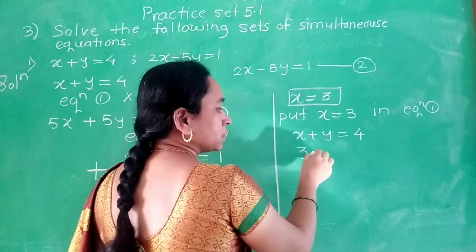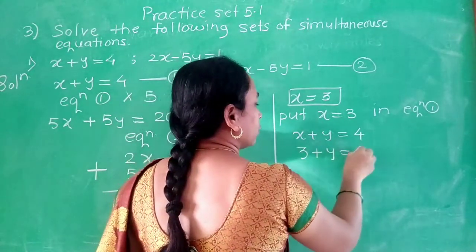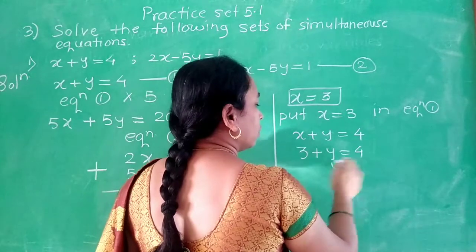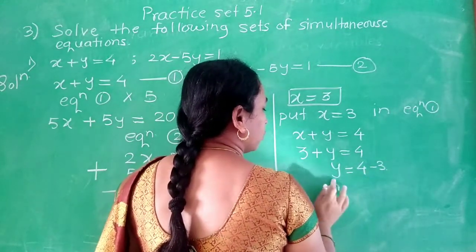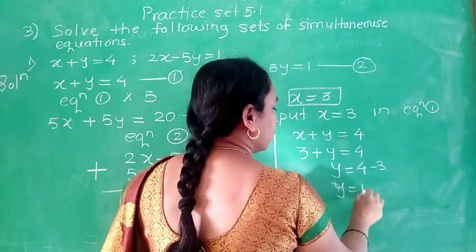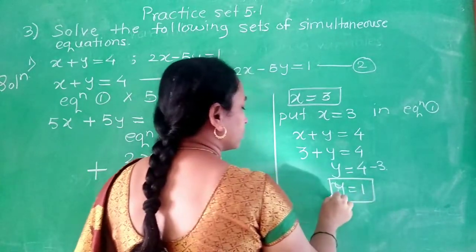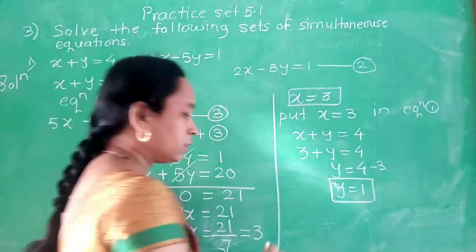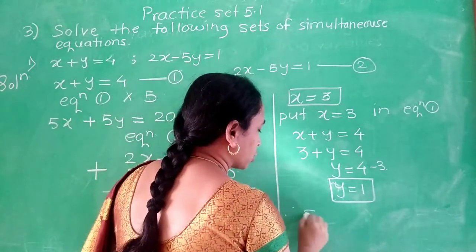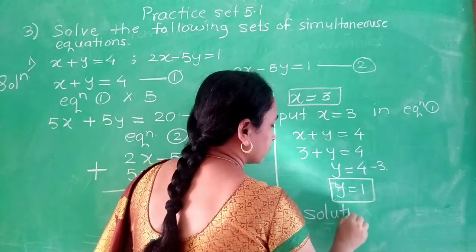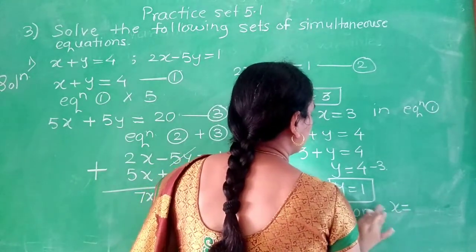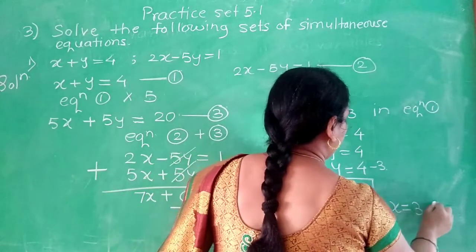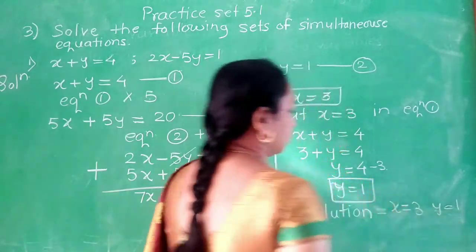I will replace this. 3 plus y is equal to 4. So 3 transfer it on that side. 4 minus 3. So y is equal to 1. Therefore, we have got the solution x is equal to 3 and y is equal to 1.